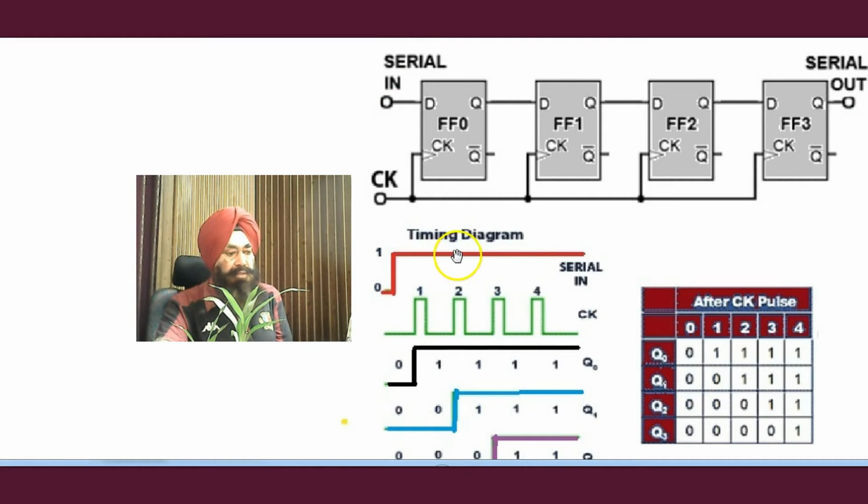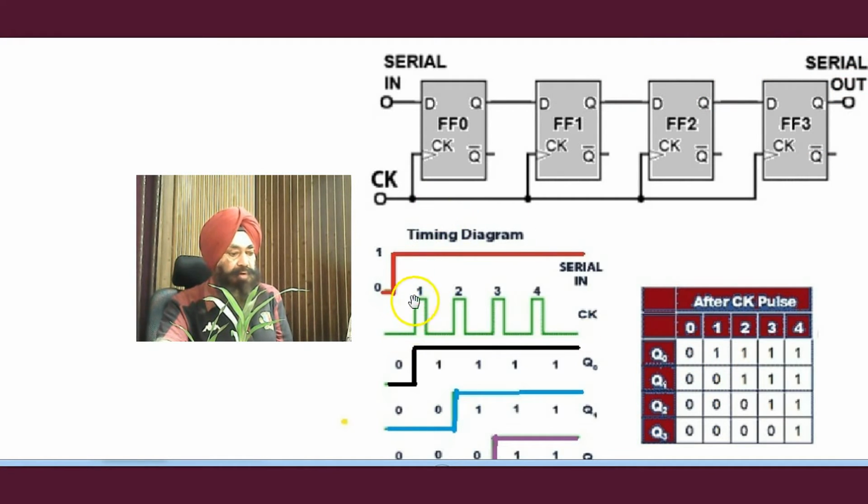Data is 1 and continues as 1. It arrives here, and this is the clock pulse. Let the first clock pulse arrive here. What will happen? The 1 here will be shifted to this place with the first clock pulse, and the 0 that was here is already shifted here. This 0 here, this 0 here.